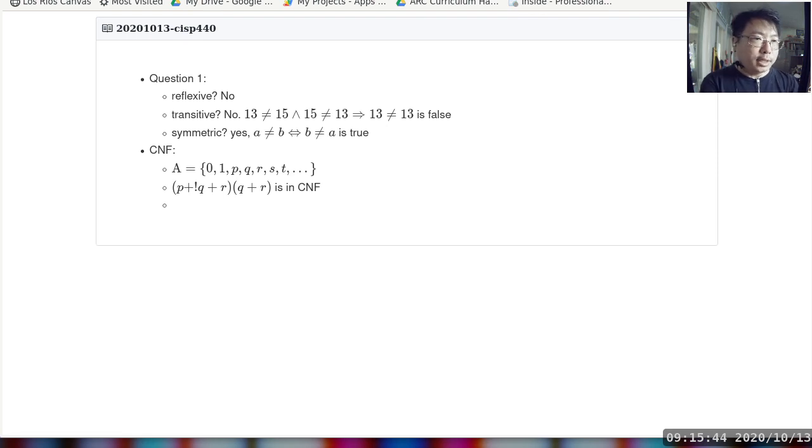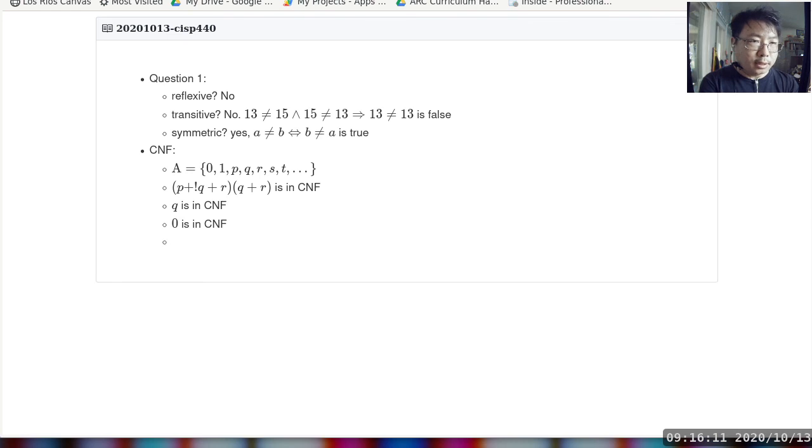Another example. I'll show you what is considered CNF. Q by itself is in conjunctive normal form. And 0 is in conjunctive normal form. I think these are very good examples of conjunctive normal forms.